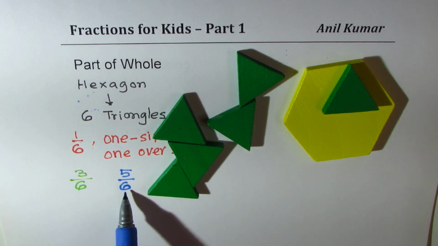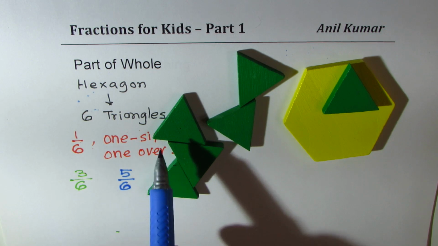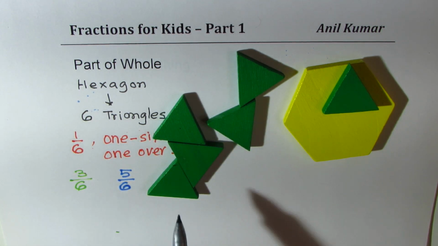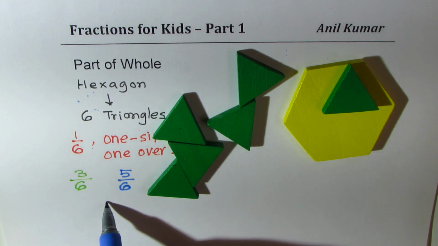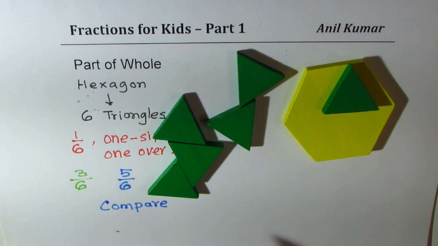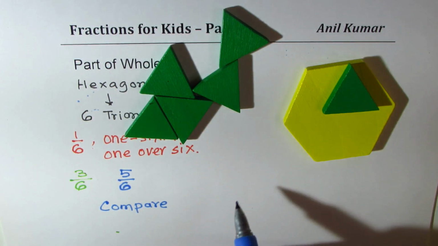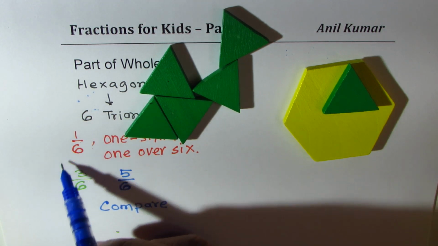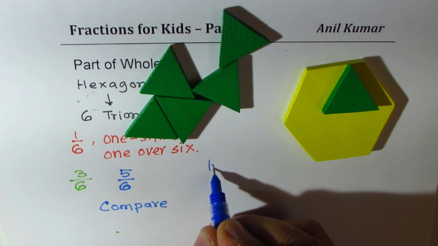So if the denominator is same, we can compare fractions. Correct? So you can now understand how to compare fractions. So you can say that if I have to write these fractions in increasing order, how do I write?